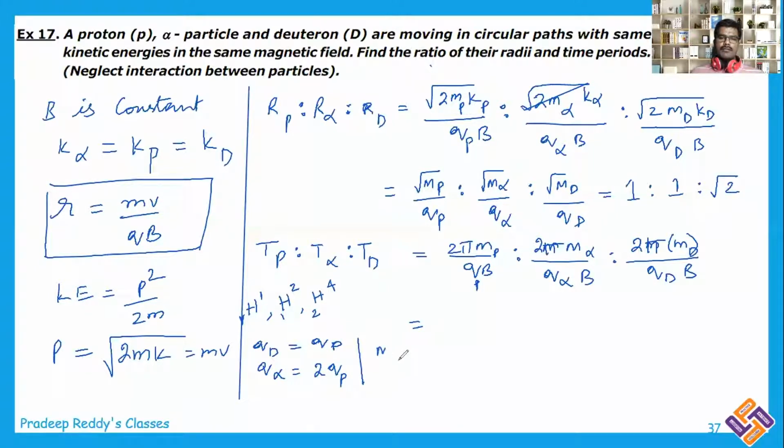Likewise, mass of deuteron is equal to 2 times mass of proton, mass of alpha particle is 4 times mass of proton. So this is the ratio of their mass, this is the ratio of their charges, proton, deuteron and alpha particle. Substituting all those values here, you will get the answer 1 is to 2 is to 2.